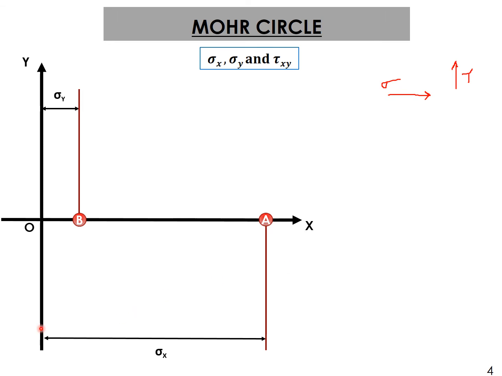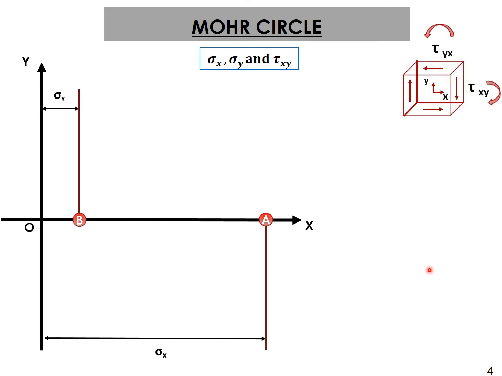Before you mark shear stress, we must understand the convention of these shear stresses. As you can see on the slide, just remember a very basic convention. If the shear stress is making a clockwise couple, take that shear stress to be positive. And if it is making an anti-clockwise couple, take that shear stress to be negative. For example, in this element, if you go with the x-axis, you get a face at which you can find this shear stress.